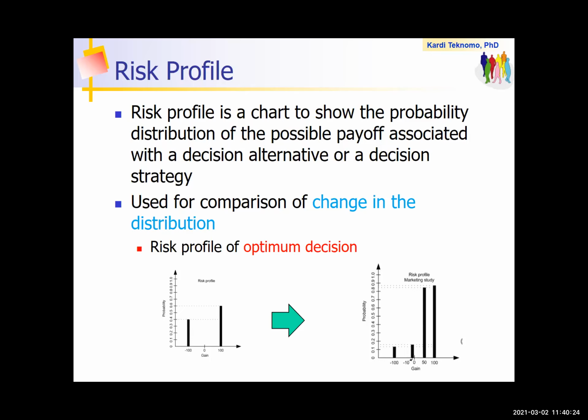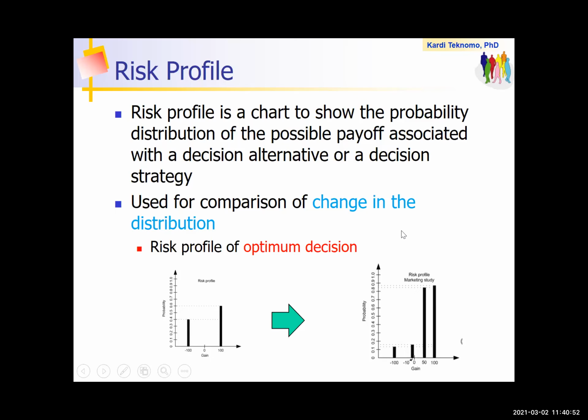When you use risk profile, of course, what you use is only the risk profile of the optimum decision. In this example, on the left side is the risk profile of the fruit store problem. Later on, because of a certain marketing study, the risk profile will change.